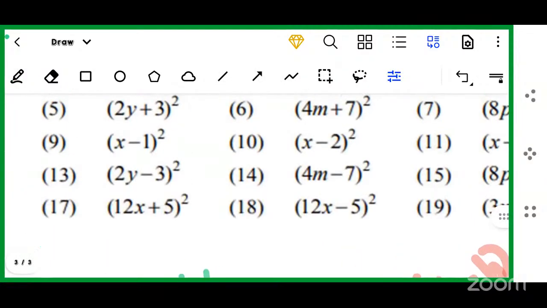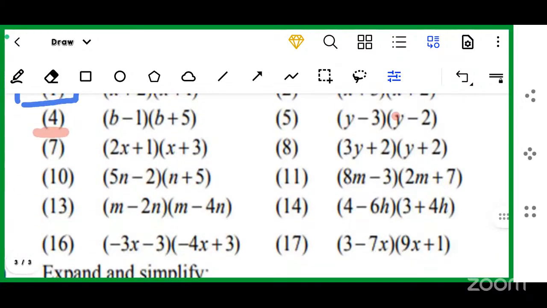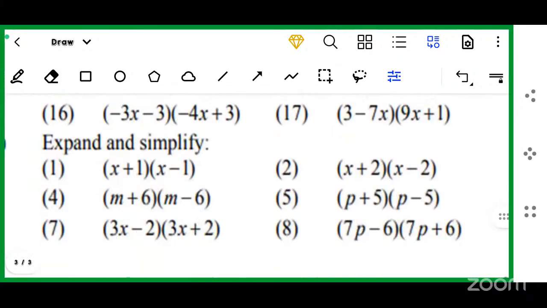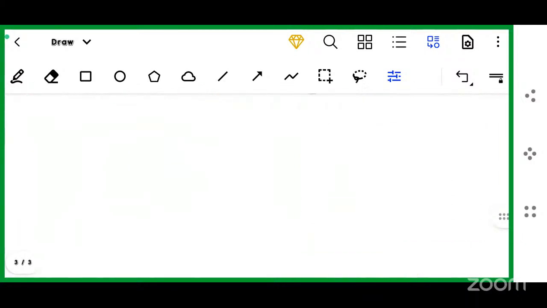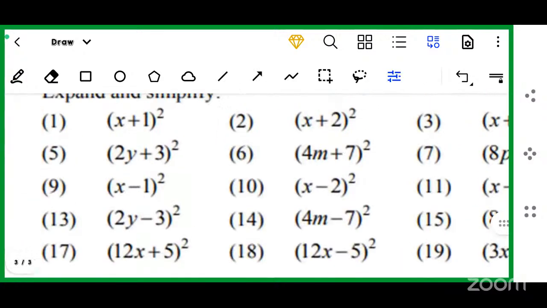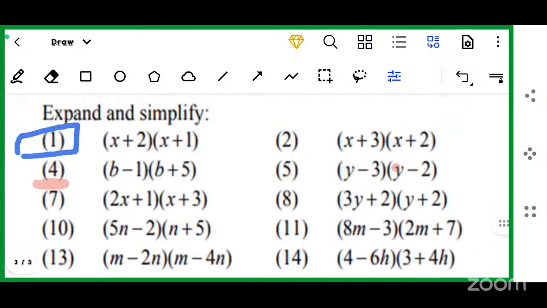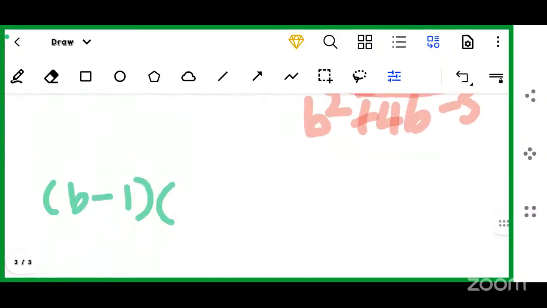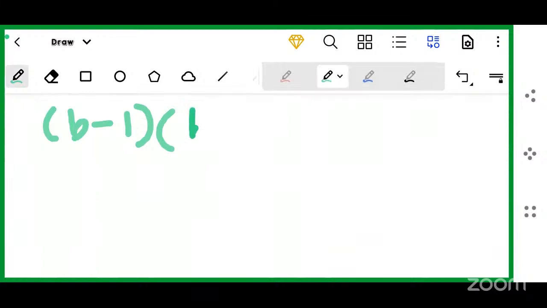So we were dealing with b minus 1, close bracket, open bracket, and we have the second one being b plus 5.